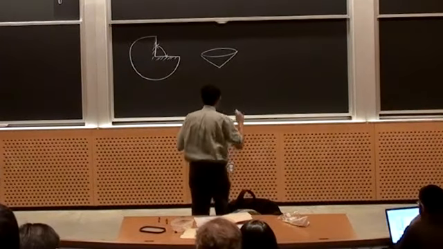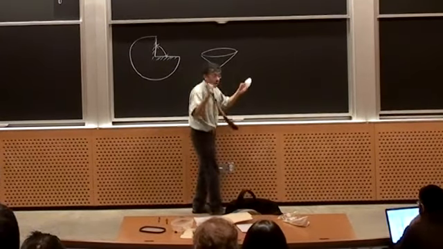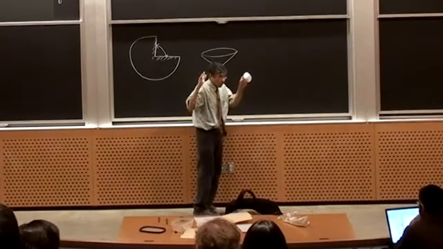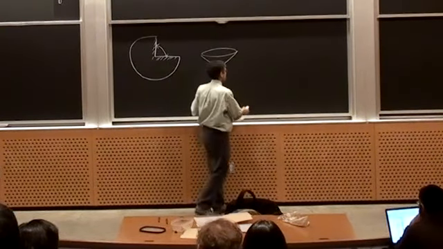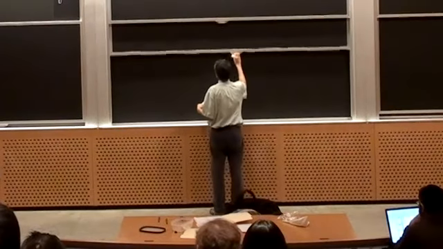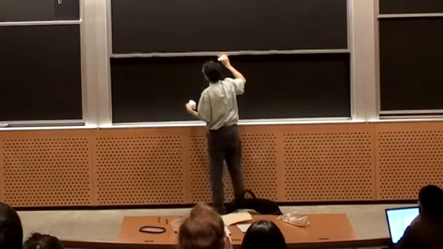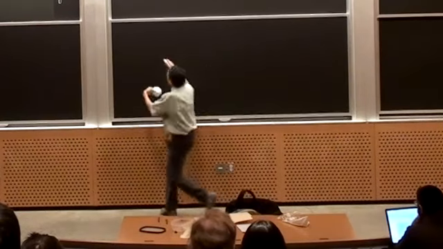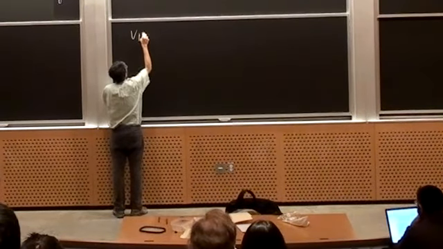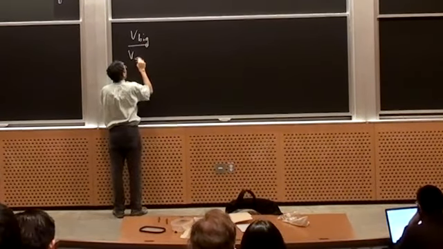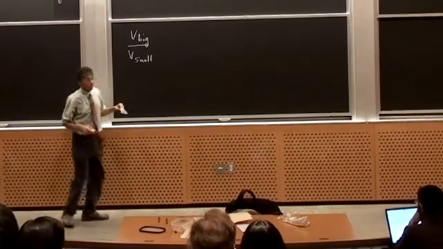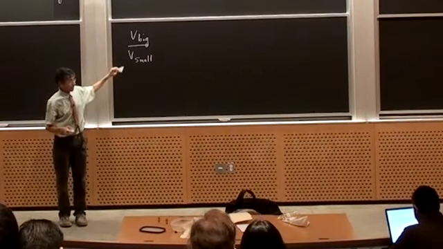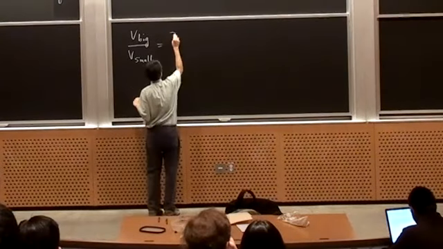In particular, the question is this. I'm going to drop them, and the question is, what's the ratio of their terminal velocities? The ratio of the big cone's terminal velocity to the small cone's terminal velocity is equal to what?